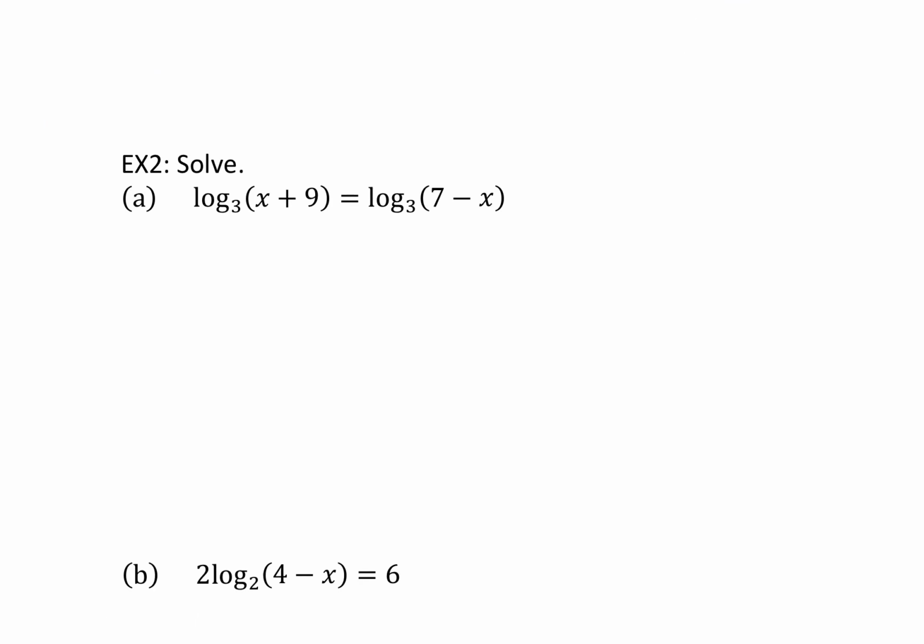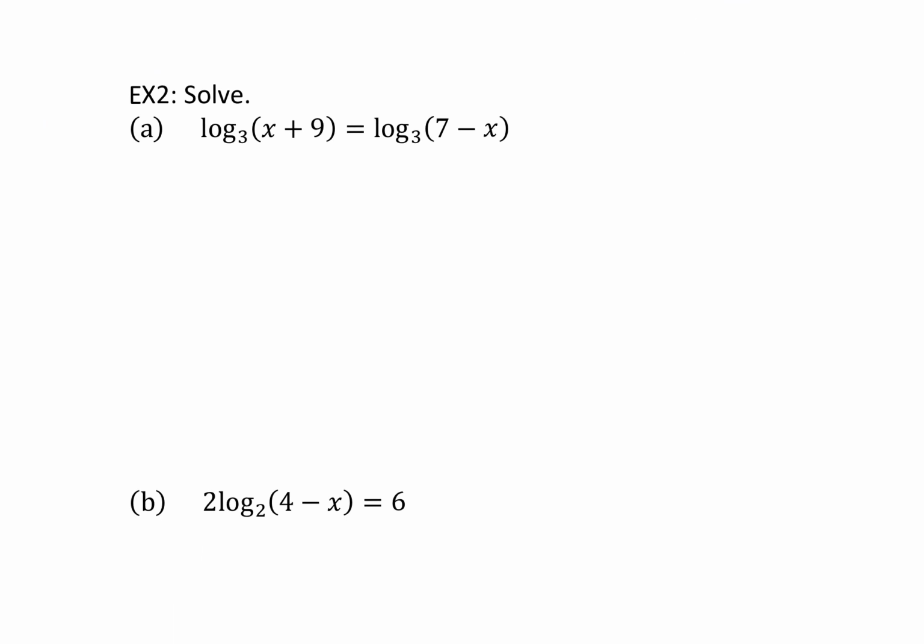So again, whenever we solve log equations, we have to check solutions. In example 2a, well, this is nice because I already have log base 3 equal to log base 3. I don't really care what's inside the parentheses. I've got the same log on either side of the equal sign, so they can cancel, and I'm just solving x plus 9 equal to 7 minus x.